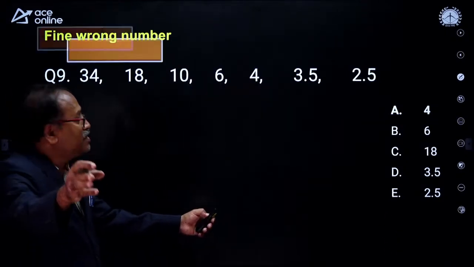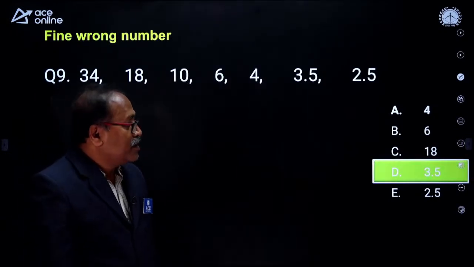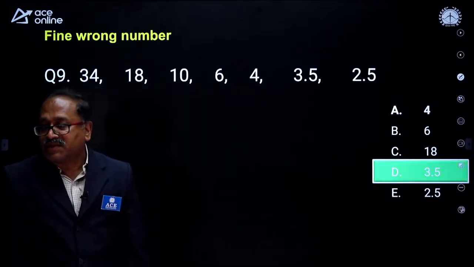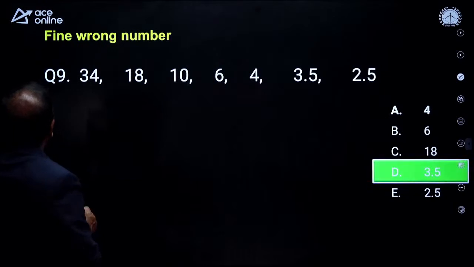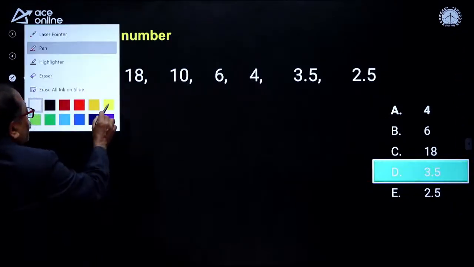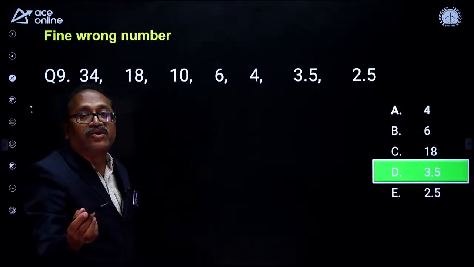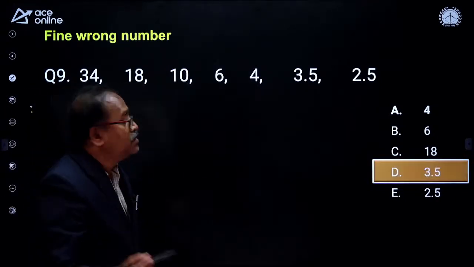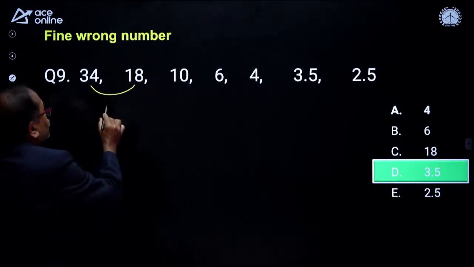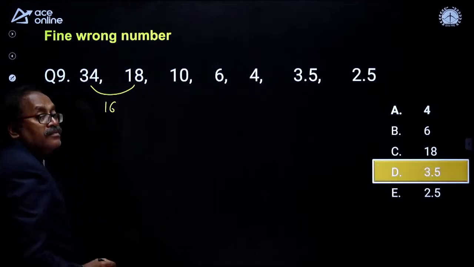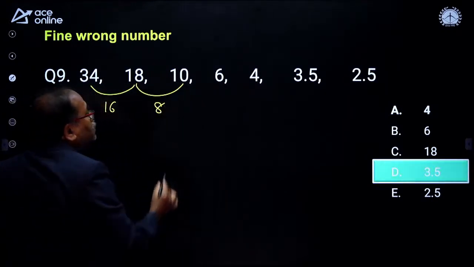Let me check whether option B is correct or not. Oh, Appal Naidu, I think it is 3.5, but still, let me check this one, because usually Appal Naidu does not go wrong. As I noticed the numbers are in a decreasing order, take the difference. Here the difference is minus 16. And from here to here, minus 8.